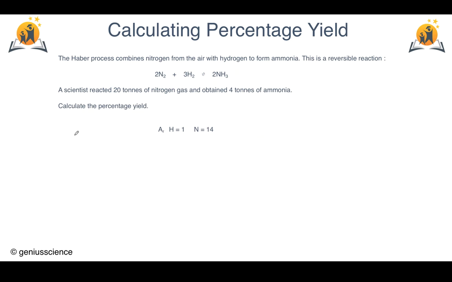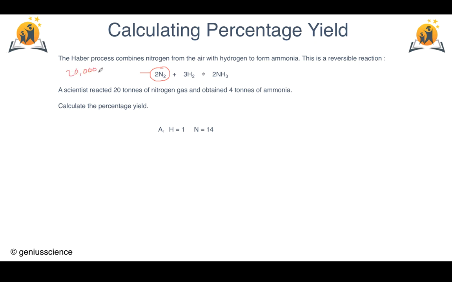Right, so the last example, we have the Haber process, which combines nitrogen from the air with hydrogen to form ammonia. And this is a reversible reaction. A scientist reacted 20 tons of nitrogen gas and obtained 4 tons of ammonia. And we need to calculate the percentage yield. Now, again, we need to make sure that we know what we're working with. So we need to circle the bits of relevant information. So 20 tons in grams is 20 million grams, because there's a million grams in a ton.